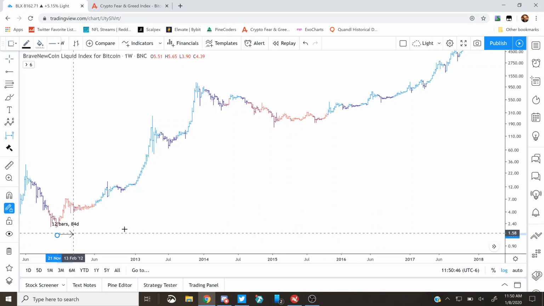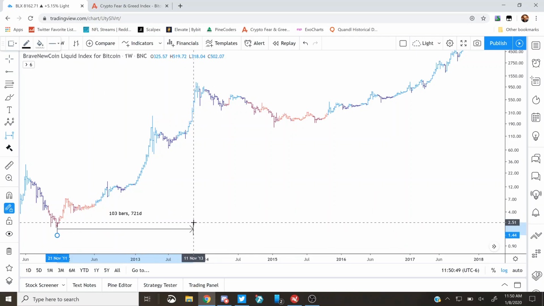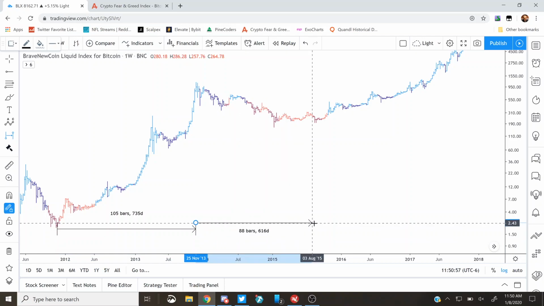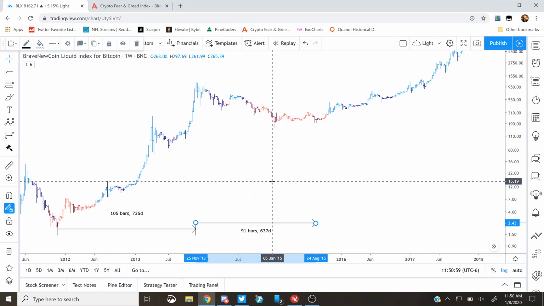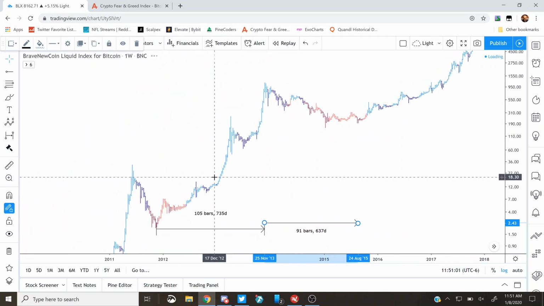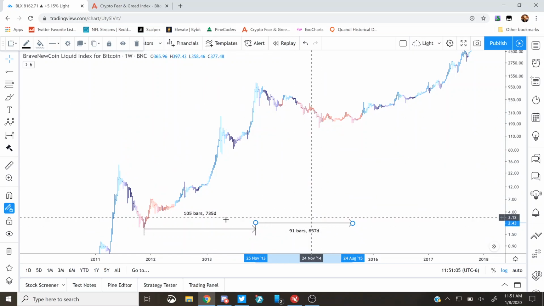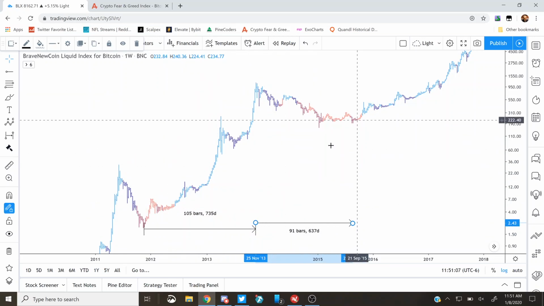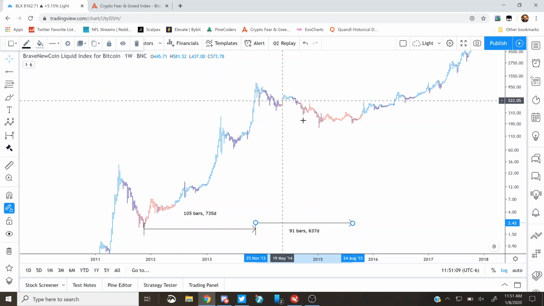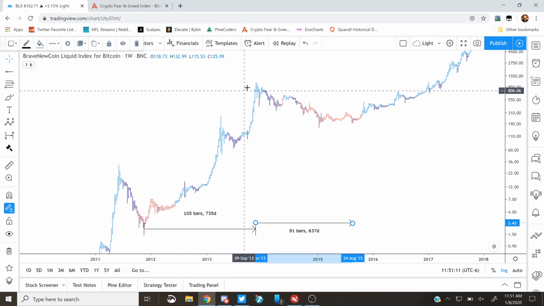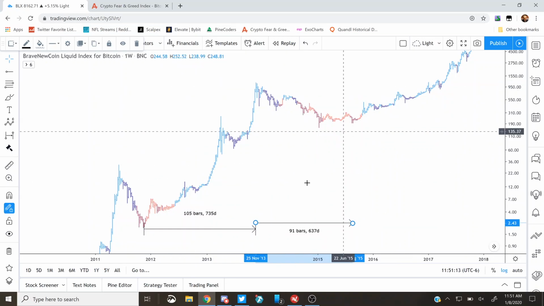So if this is our impulse here, and this is our correction behind it, then you can see we actually corrected a little faster than we impulsed. Now, in terms of percentage move, obviously this was significantly larger than this move here.